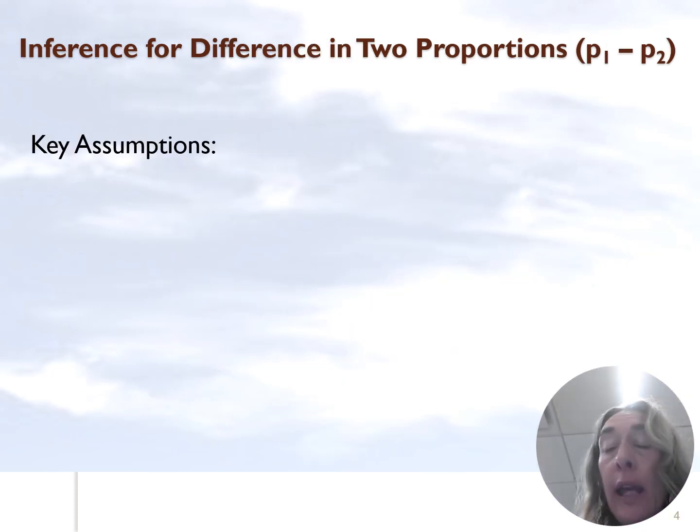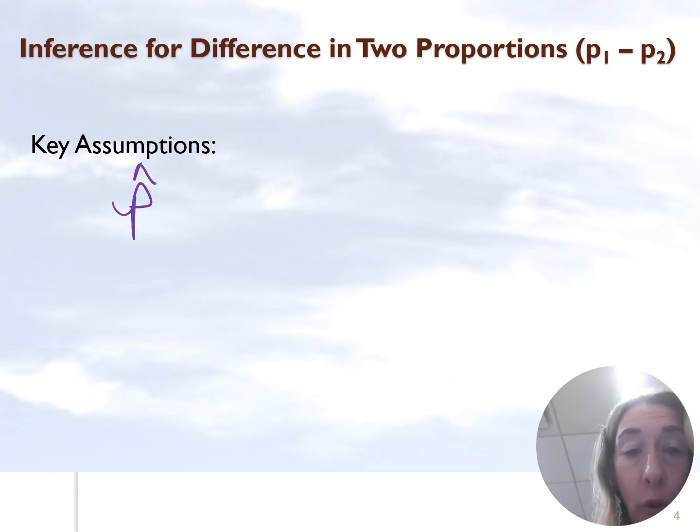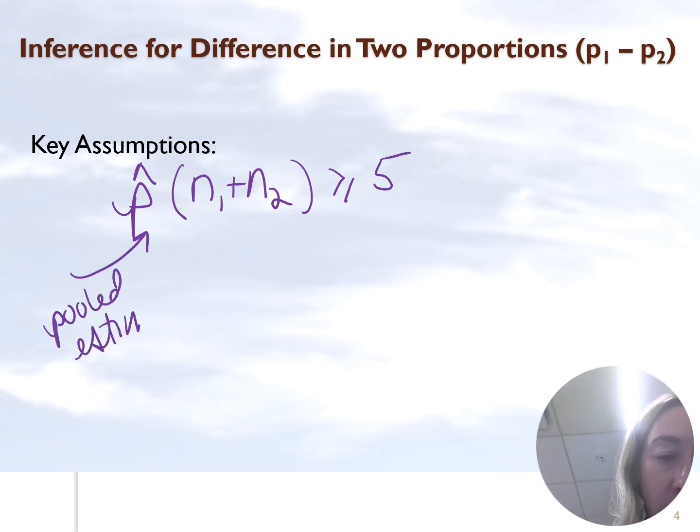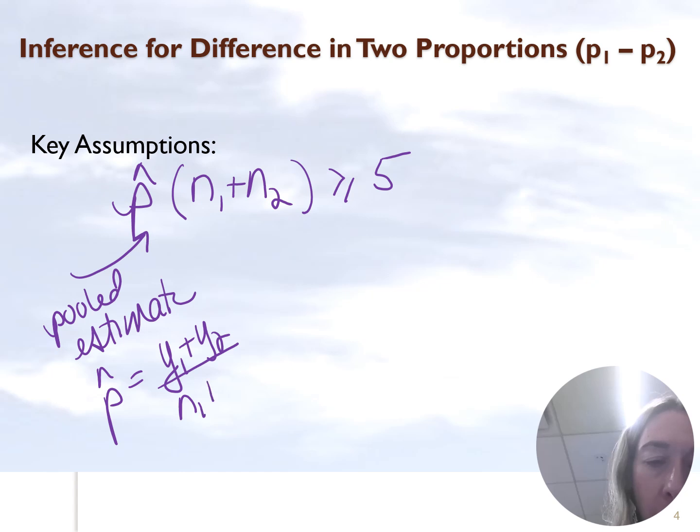Now in order to use the z distribution to do the inference, we have to meet the following two key assumptions, which should look familiar to you. We say p hat times n1 plus n2 must be greater than or equal to 5. And again, this is the pooled estimate that we just discussed, equal to y1 plus y2 over n1 plus n2.